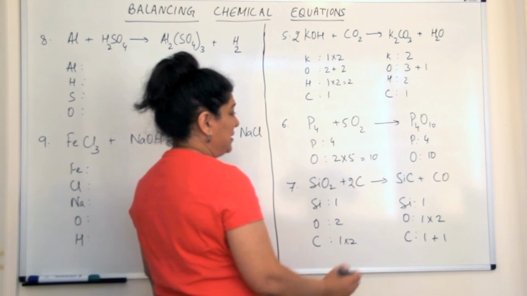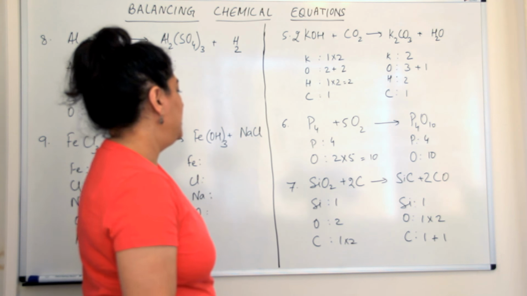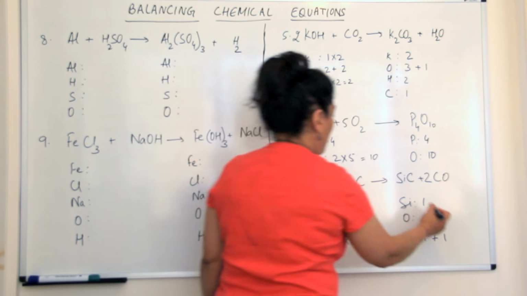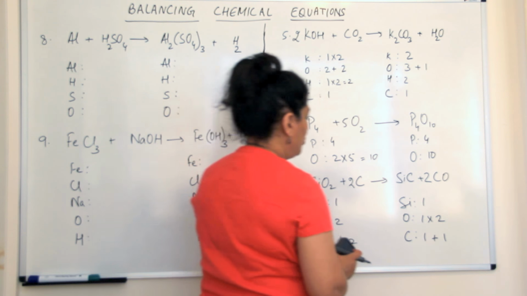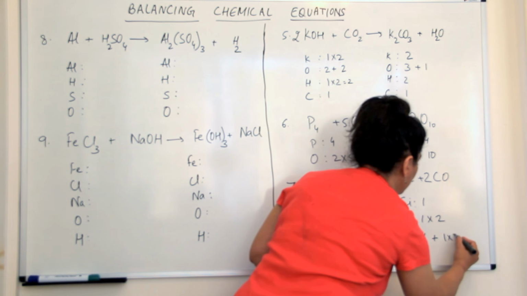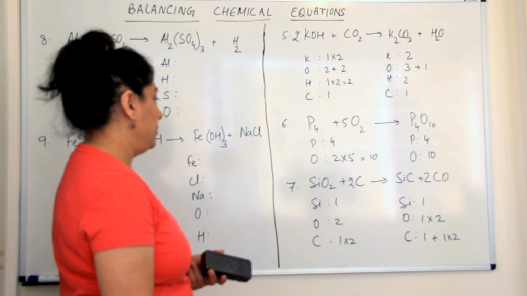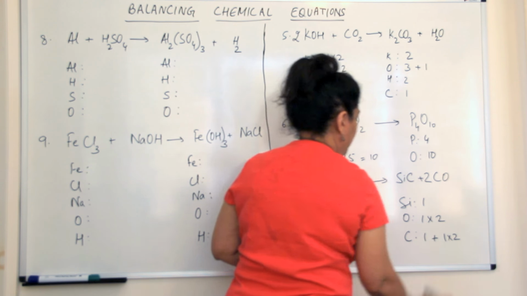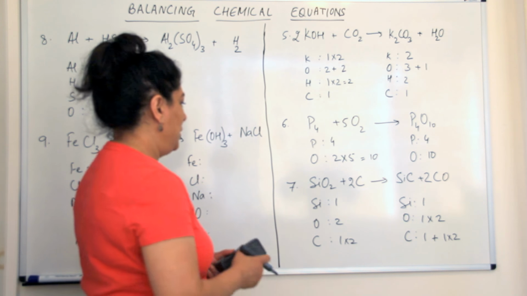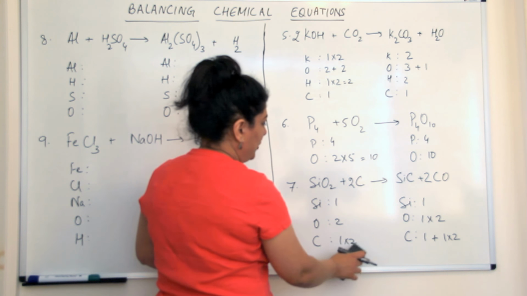In order to balance the oxygen now, I should multiply this by 2. But if I multiply this by 2, here, 2 carbon monoxides, the carbon automatically gets multiplied by 2. So carbon becomes 3 on this side. Do you see? Now instead of 2, I have 3 carbons on this side, which means this was not the original number.